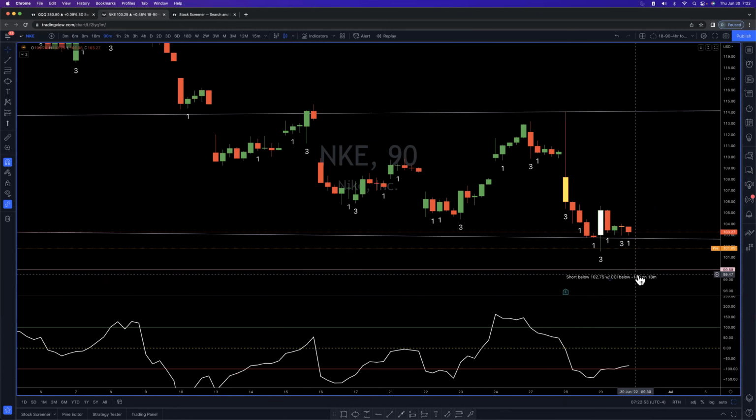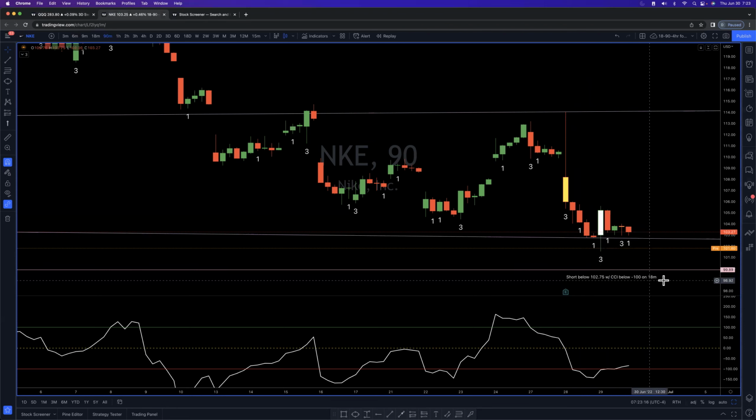That's our process for today. We were looking to trade down to this 99.89 level, but our setup was we had to wait for price to trade below 102.75, which it did.